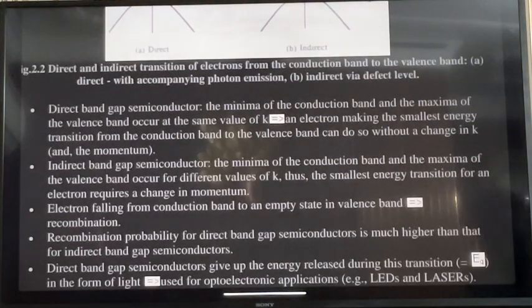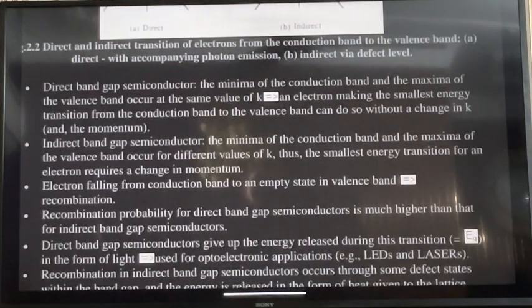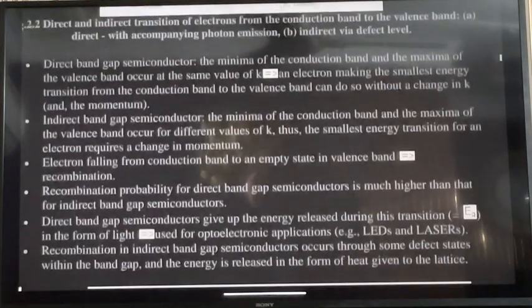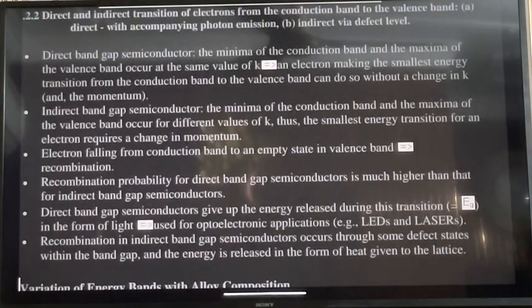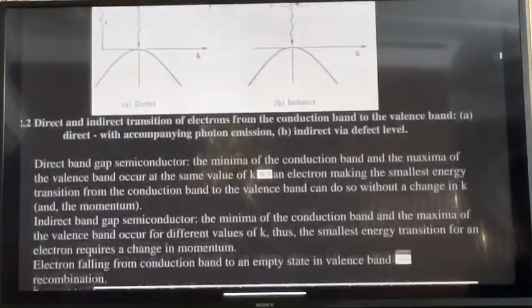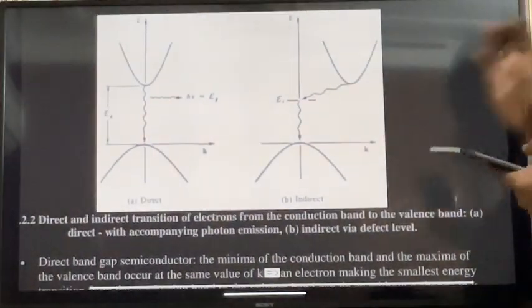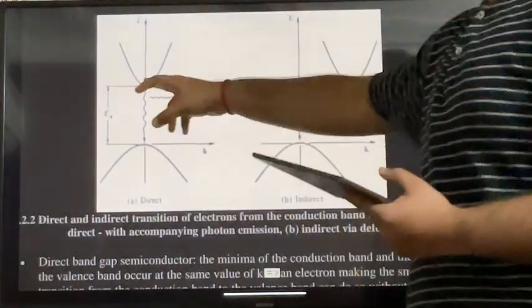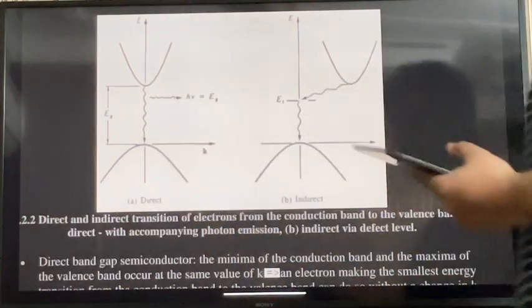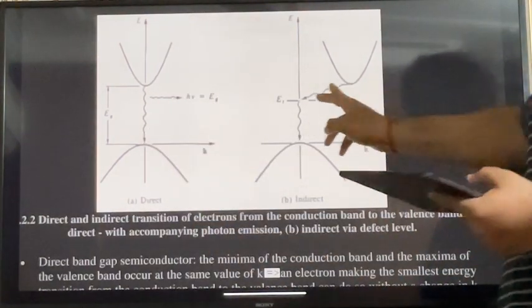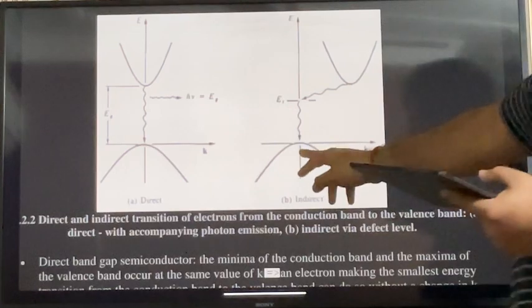Now, in an indirect band gap semiconductor, the minimum of the conduction band and the maximum of the valence band occur for different values of k. Thus, the smallest energy transition for an electron requires a change in momentum. The smallest energy transition here is of course the shortest distance between the two curves. Here it has to first reduce its momentum and then go through here.